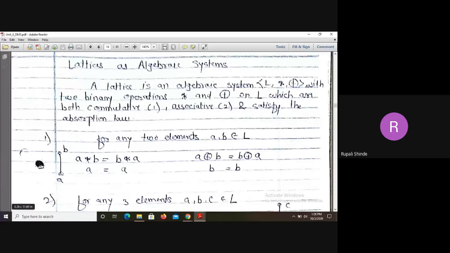We have to consider least upper bound of A and B. Here least upper bound is B. So LHS is B and now RHS is B XOR A. Again least upper bound of B and A is B only. So B is equal to B. In this way, we have proved that lattice satisfies commutative property.